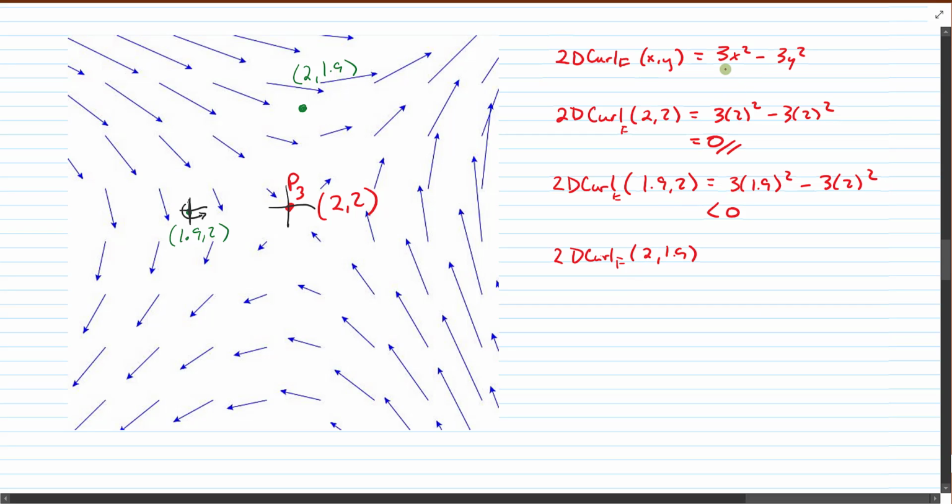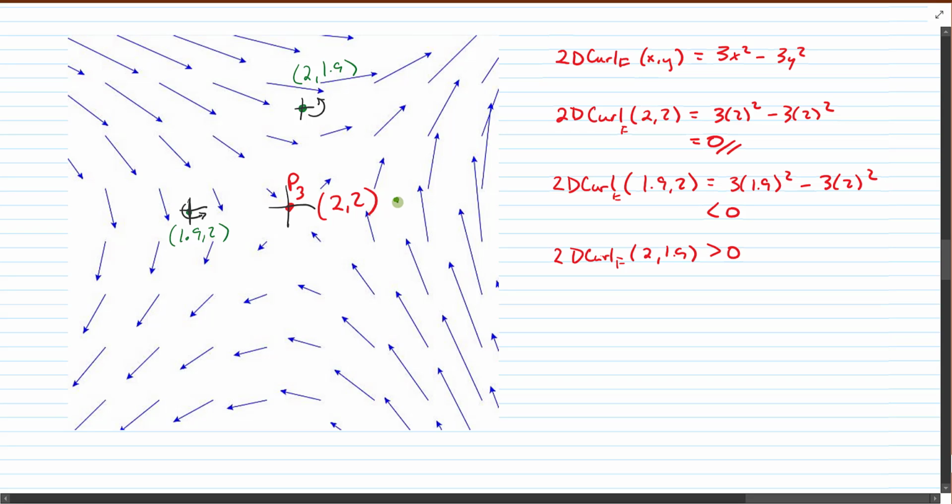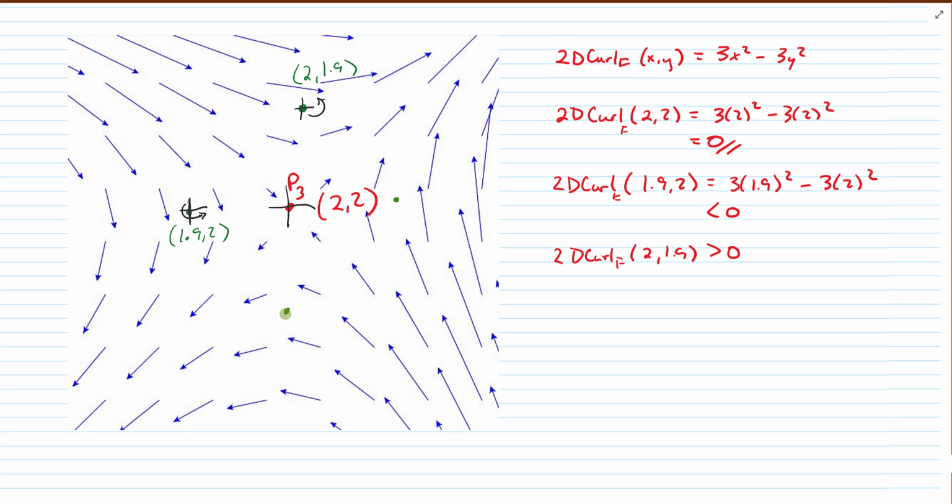Right away we see, okay, the x coordinate's larger and there's symmetry, and so we would have a positive curl, which means if you put a pinwheel right here, you would expect it to rotate in a counterclockwise manner. And you could just check, for your own sake, go ahead and check, see what's the curl at this point and what's the curl at this point, and figure out whether or not those correspond to no rotation, counterclockwise rotation, or clockwise rotation.